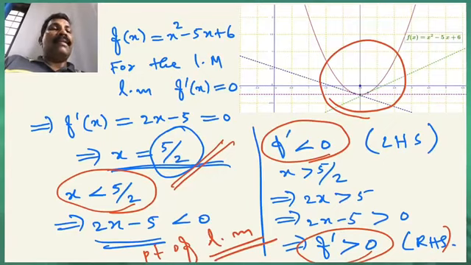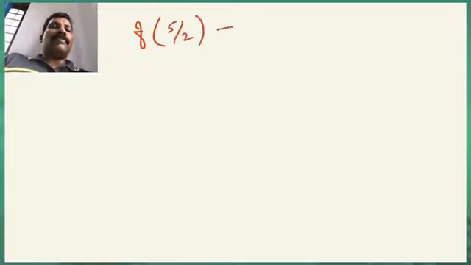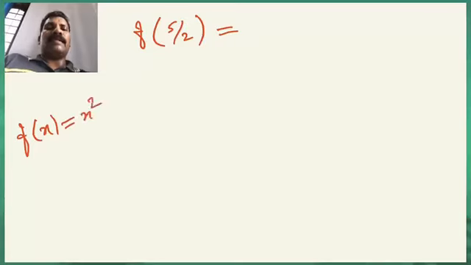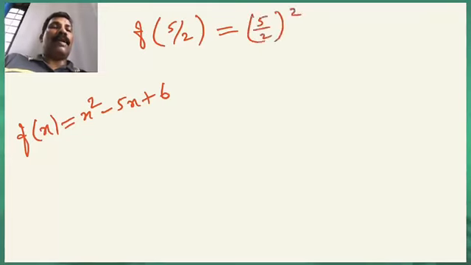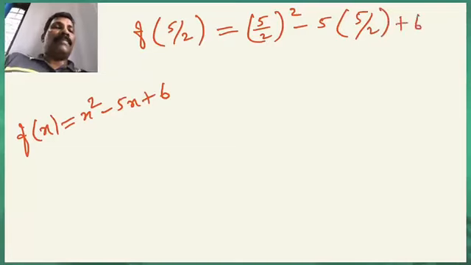And we can find the local minimum value. For that, you substitute the point at which the local minimum occurs, here 5 by 2, in the function. What's the function? f of x is equal to x squared minus 5x plus 6. So what is f of 5 by 2? That is 5 by 2 the whole square minus 5 into 5 by 2 plus 6.